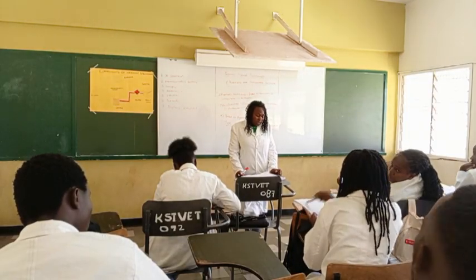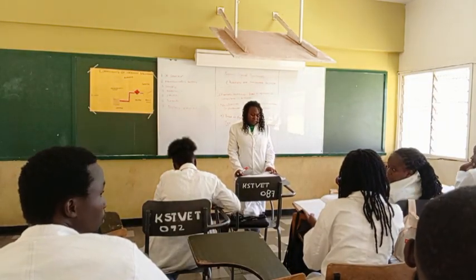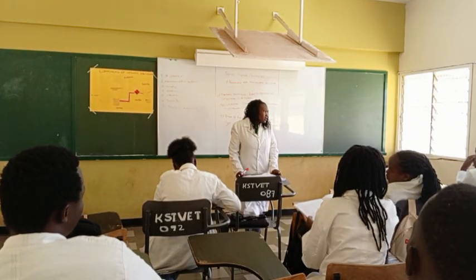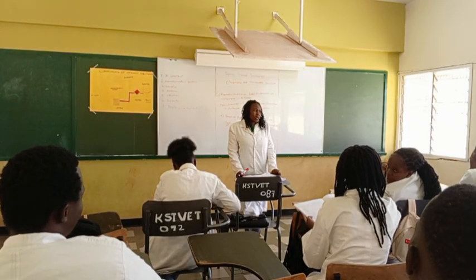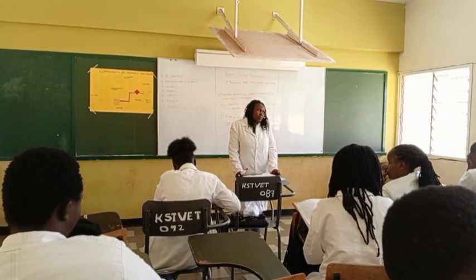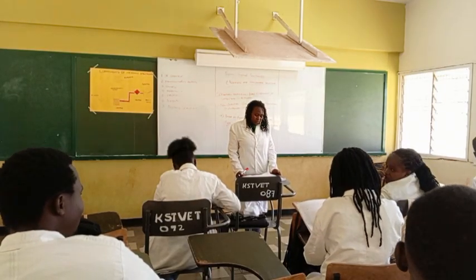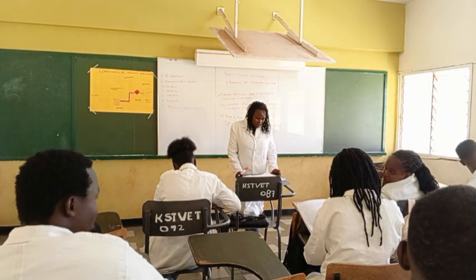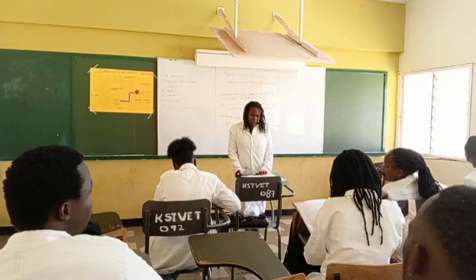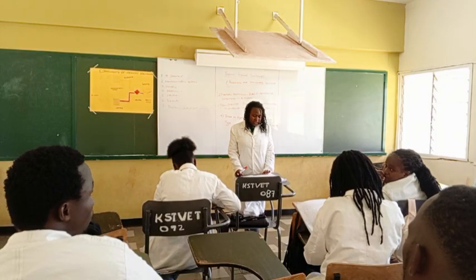Another non-chromatic technique is gravimetric analysis. Who can give us a definition of gravimetric analysis? Gravimetric analysis is a quantitative analysis technique used to determine the amount of a substance by measuring its mass.